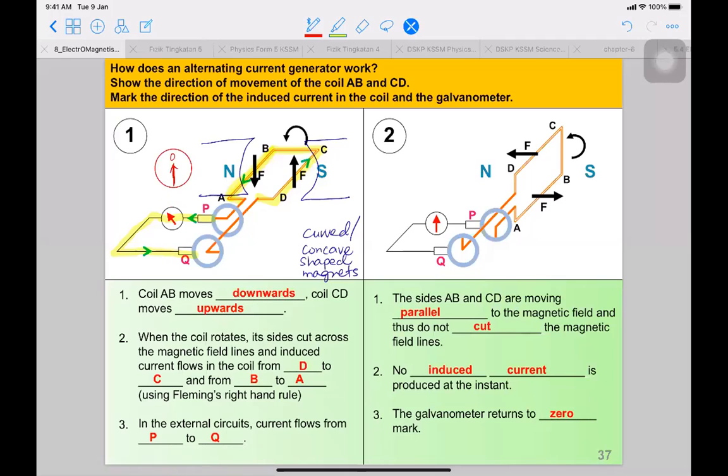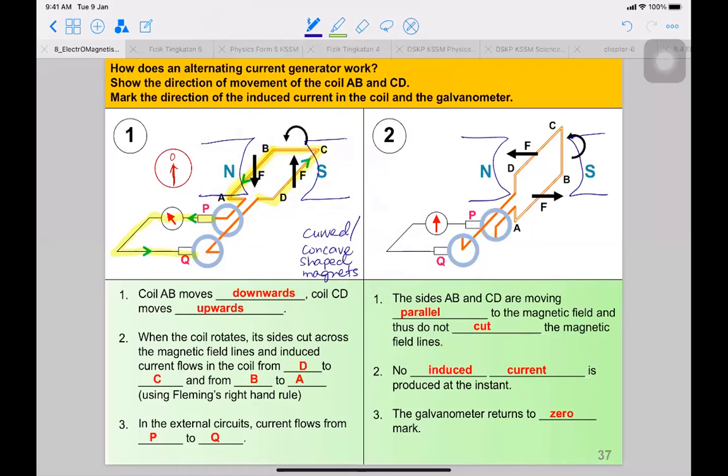Okay, and then the second one, the sides AB and CD are moving parallel to the magnetic field and thus do not cut the magnetic field line.